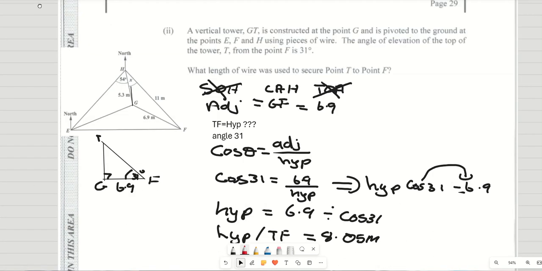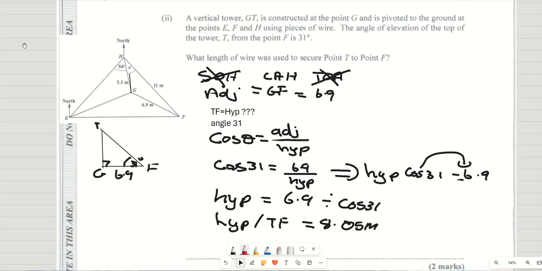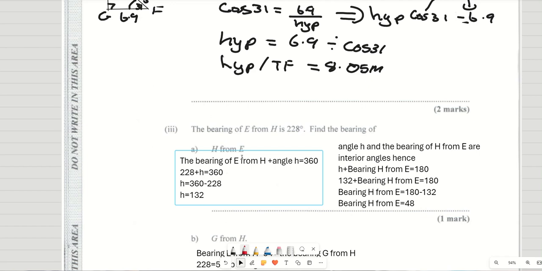Let's go through the bearing. So we said bearing of H from E plus angle H is 360. So that's 228 plus H is 360. So H would be, carry across 228, which would be subtract 228, so H is 132. Then we said angle H and the bearing of H from E are interior angles.